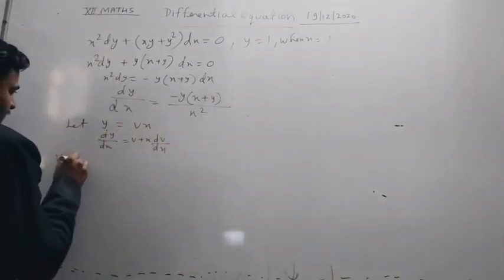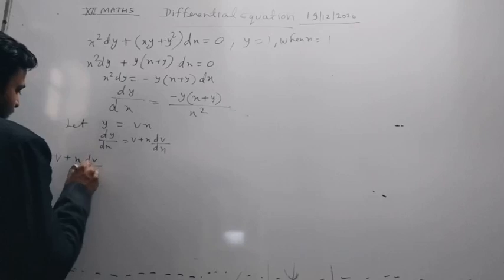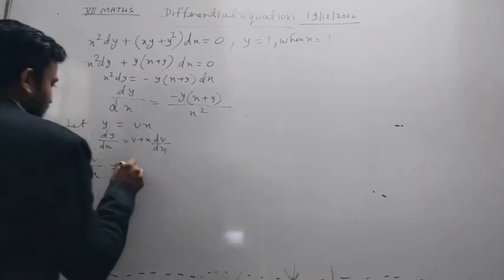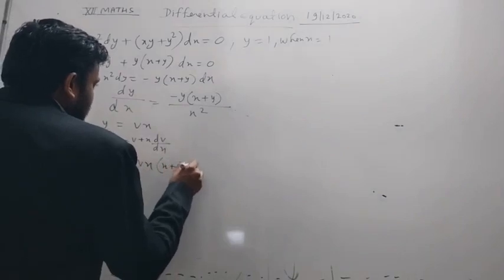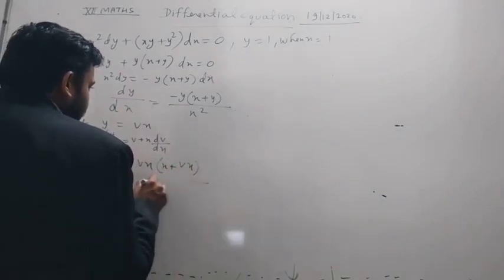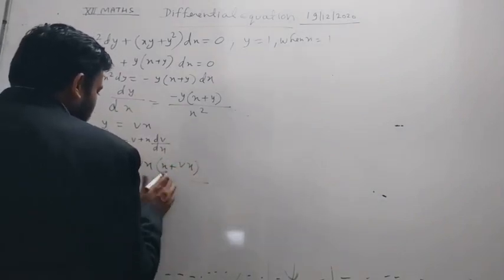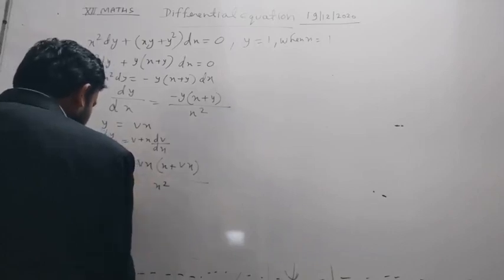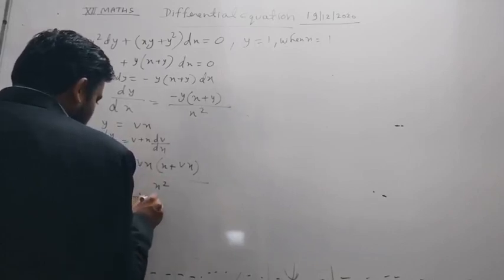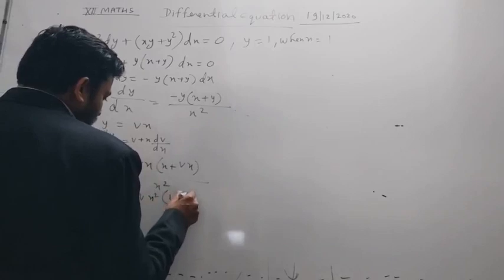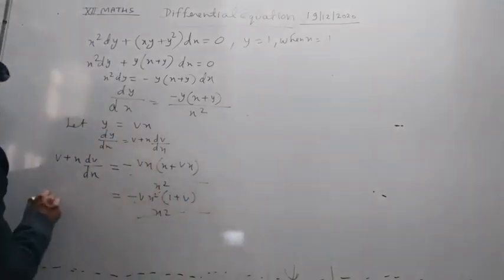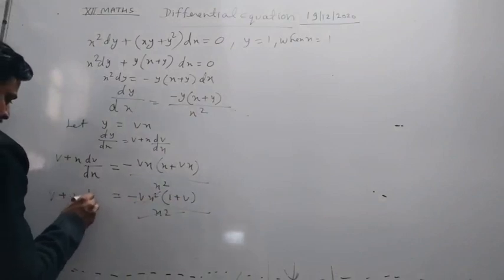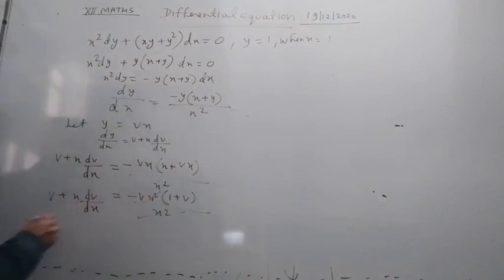So v plus x dv by dx is minus vx times x plus vx by x square. So from here vx square 1 plus v by x square, this is cancelled, so v plus x dv by dx.